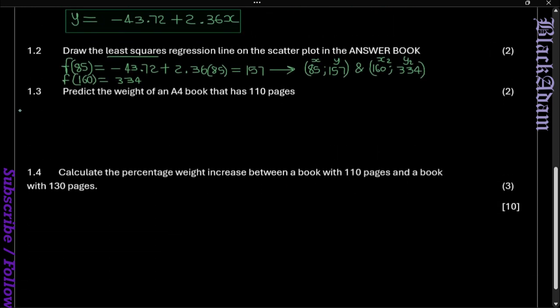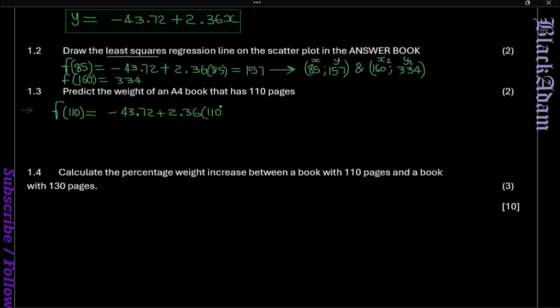And that's it. The next question, 1.3, says predict the weight of 110 pages. So you just punch 110 into the equation that you have, negative 43.72 plus 2.36 bracket 110, and then what does that give you?